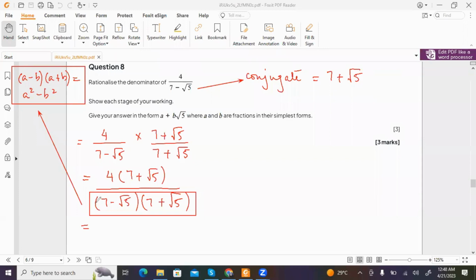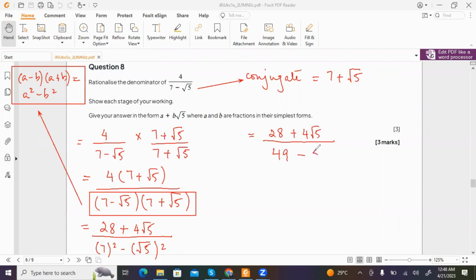So we can firstly expand the brackets in the numerator. That's going to be 28 plus 4 root 5. And the denominator we can write as 7 square minus root 5 whole square. So 28 plus 4 root 5 over 49 minus 5, so 28 plus 4 root 5 over 44.